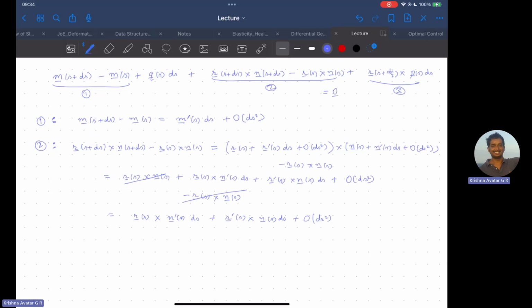Now let's look at term 3. According to the situation, we'll try to adjust the third term. Let's see how this expression looks.